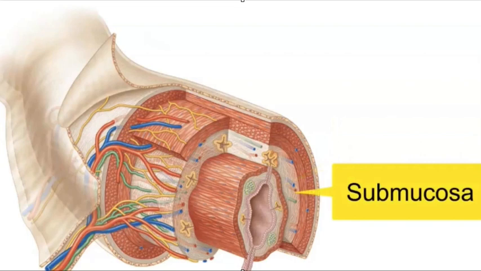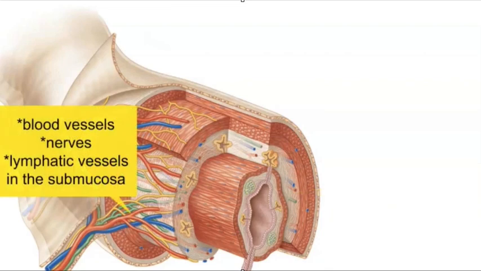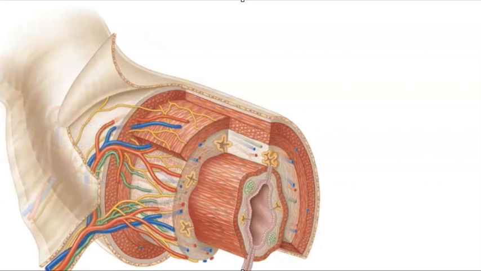Coming to the submucosa, it has blood vessels, nerves, and lymphatic vessels. The mucous glands are found in the submucosa.